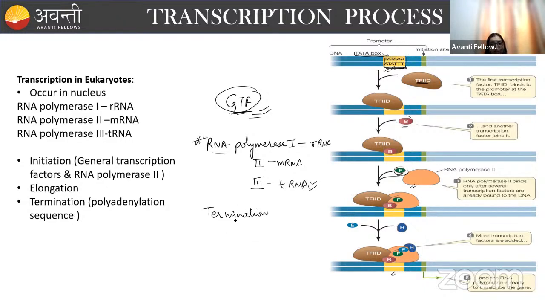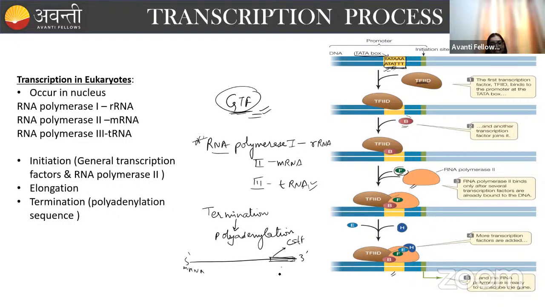But in case of eukaryote, termination is done by the polyadenylation sequence. Because in mRNA, there are some sequences which are known as polyadenylation sequences. And these sequences are recognized by some factors: the cleavage stimulating factor and the cleavage and polyadenylation specific factor, which recognize this sequence.